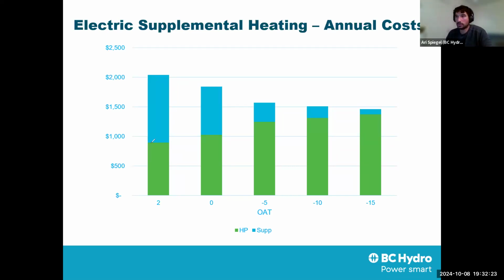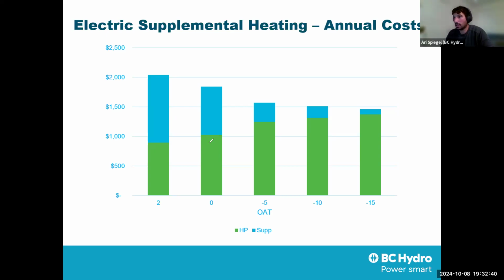The heat pump is going to cost $700 a year in operation, while $1,500 or so is in electric resistive heating.